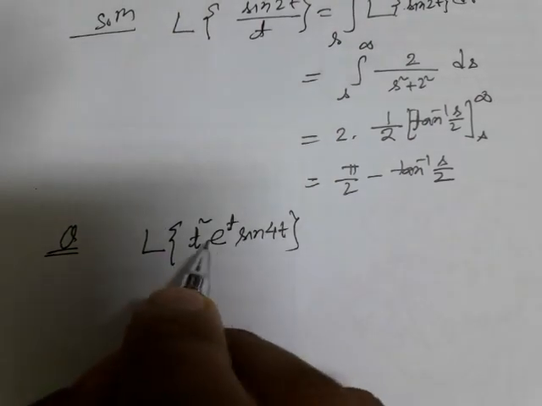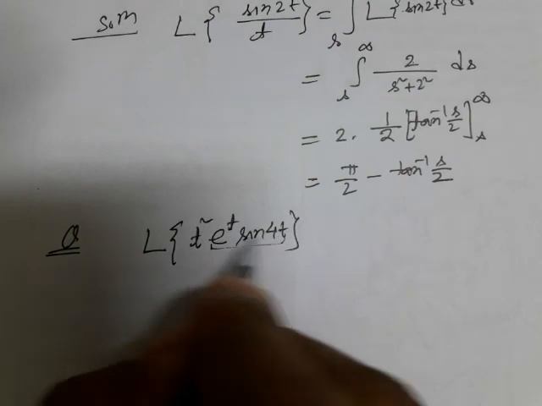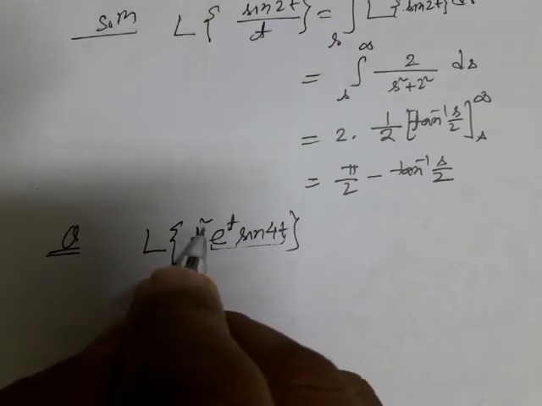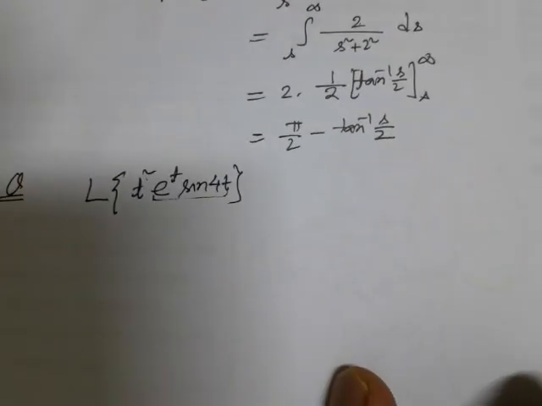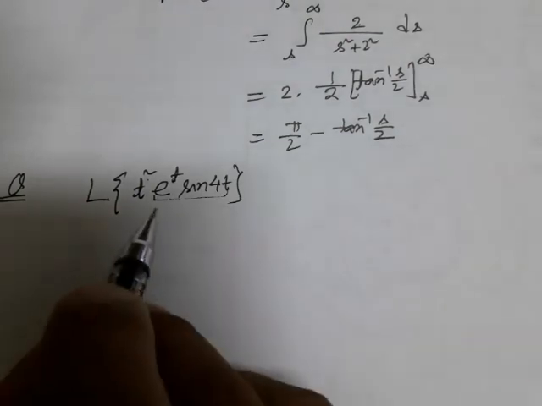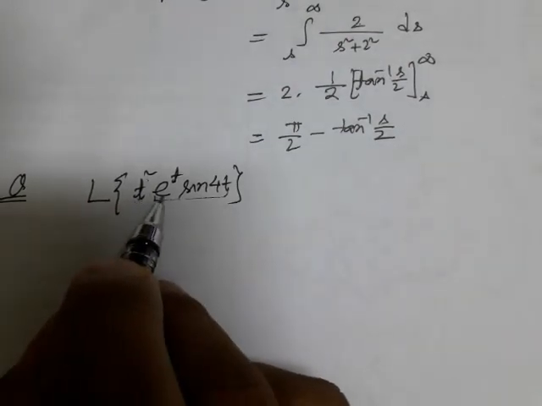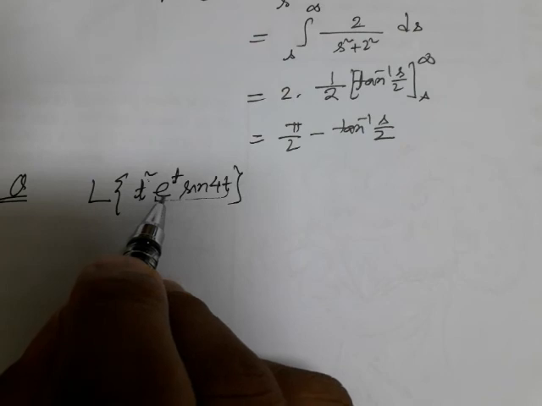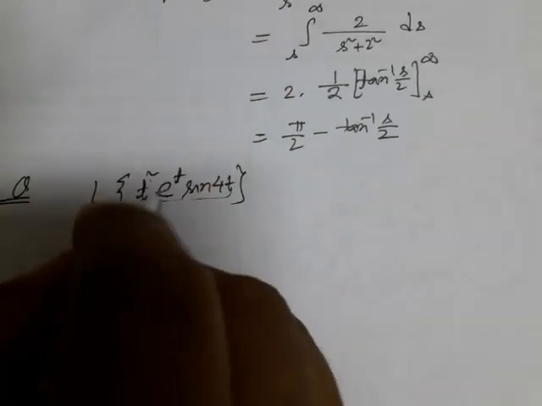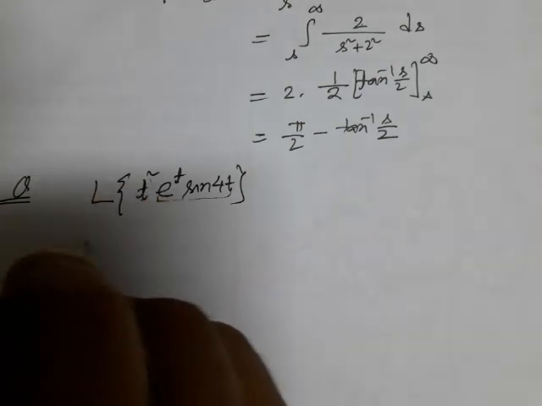So first we will think that this is one function and it is multiplied by t square. Okay, so for this here we will apply two formula. One is called multiplication by t and the second one is called shifting property, first shifting theorem.